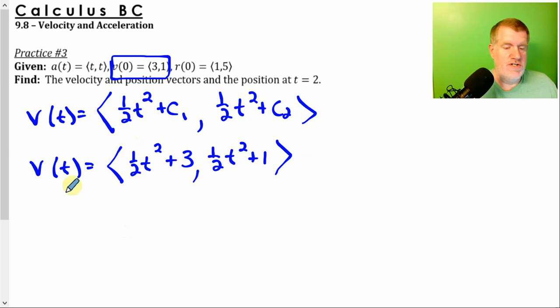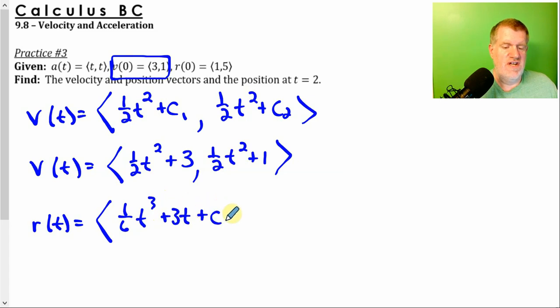Alright, so our position vector would be the antiderivative of velocity. We got to do 1/6 t cubed plus 3t plus a constant again. Let's call it c sub 1. And 1/6 t cubed plus t plus a constant.